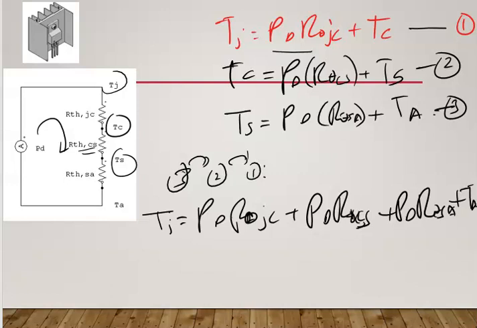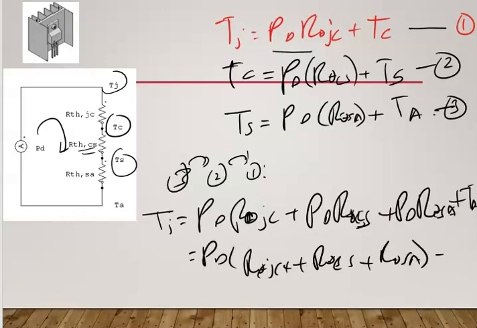Okay, so you take out PD, remains as R thermal Jc plus R thermal Cs plus R thermal Sa, plus Ta.